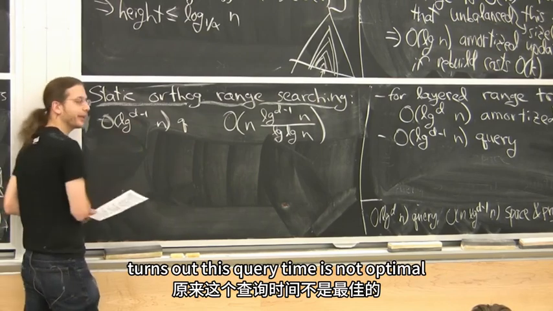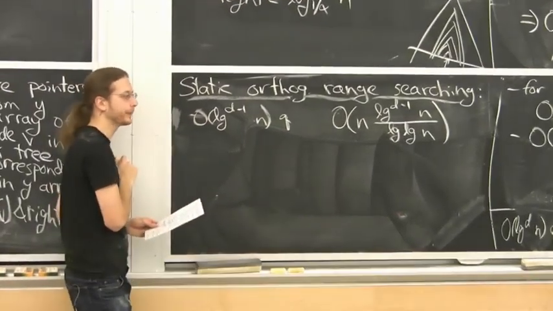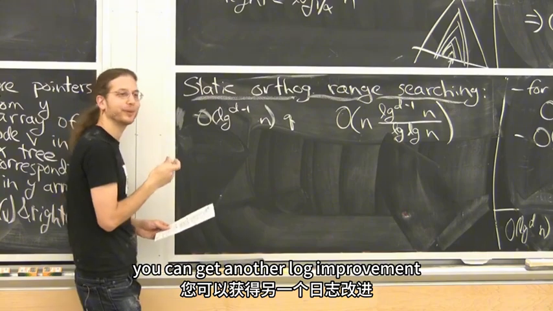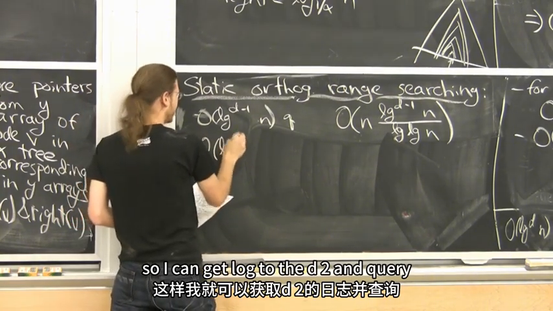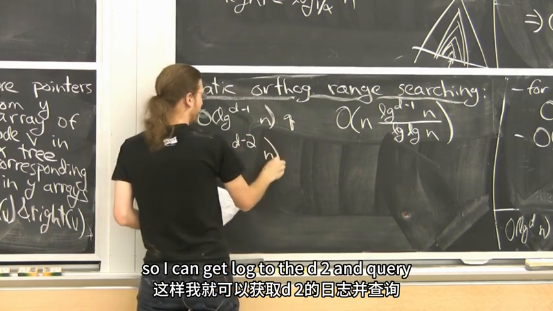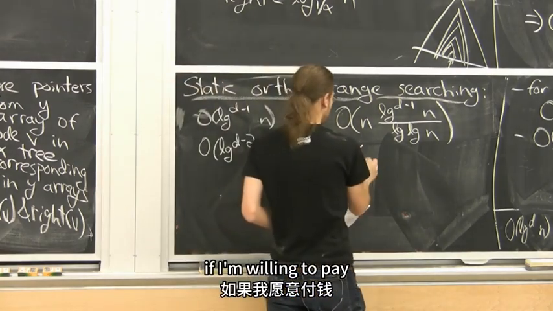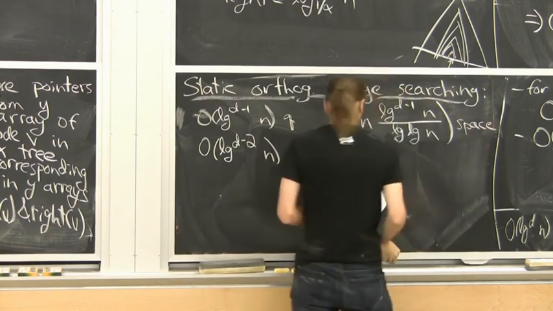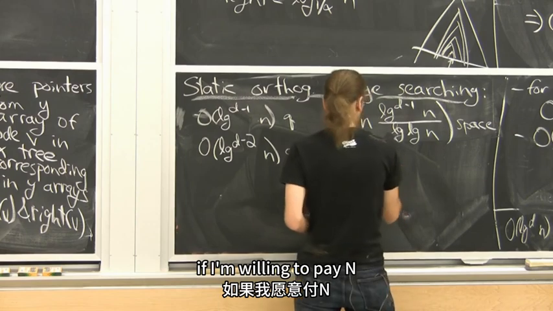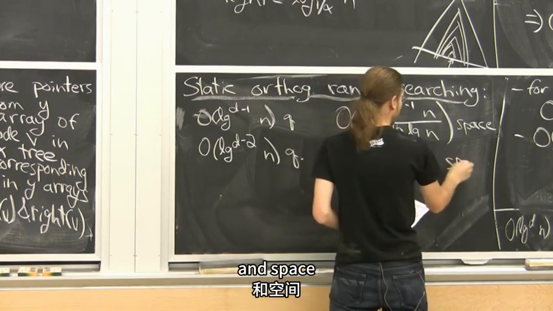Turns out this query time is not optimal. If you allow the space to go up a little bit, you can get another log improvement. So I can get log to the d minus 2 query if I'm willing to pay n log to the d space.